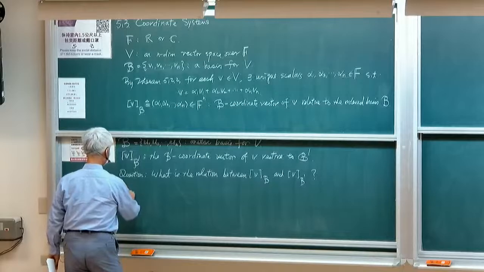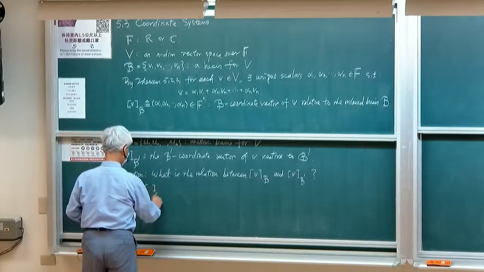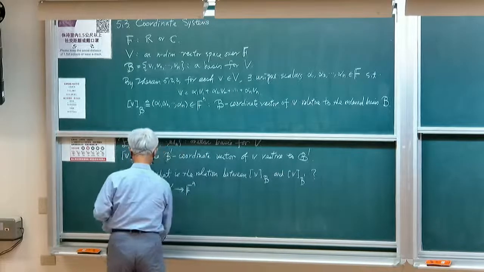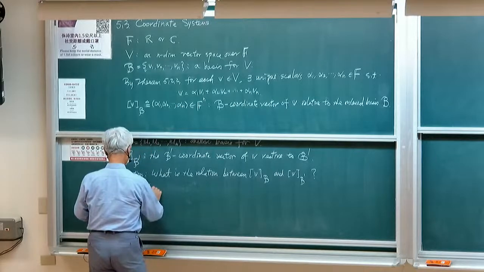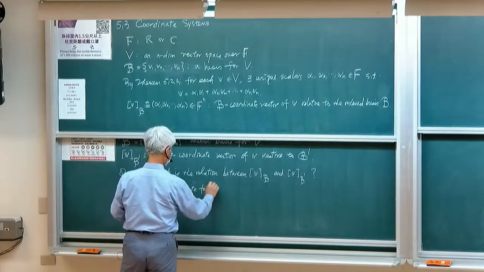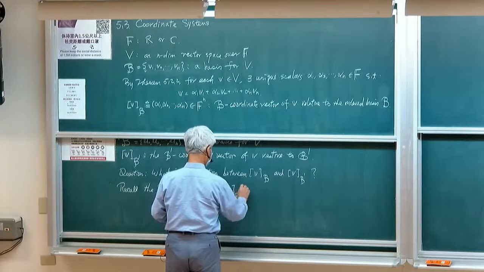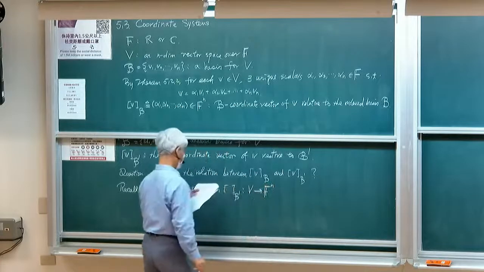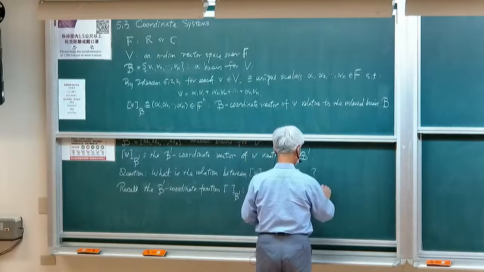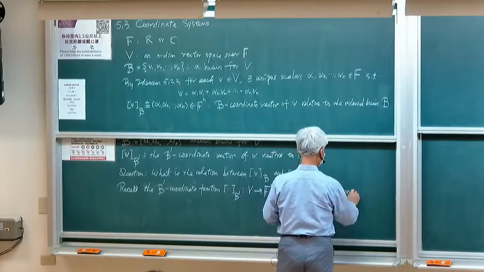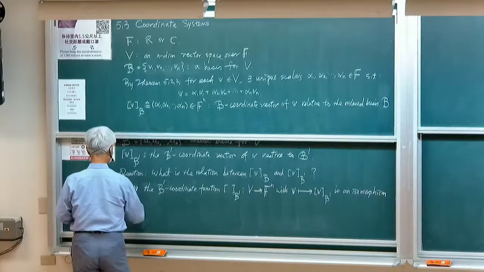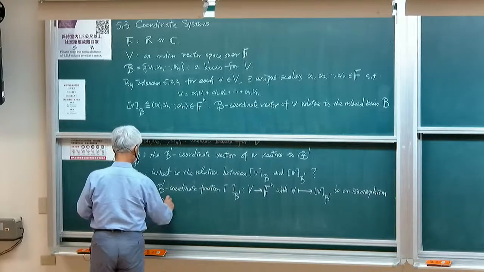Okay, so we recall the B prime coordinate function is an isomorphism, by Theorem 5.2.3 plus 4.